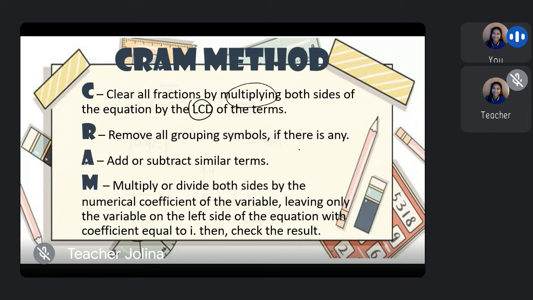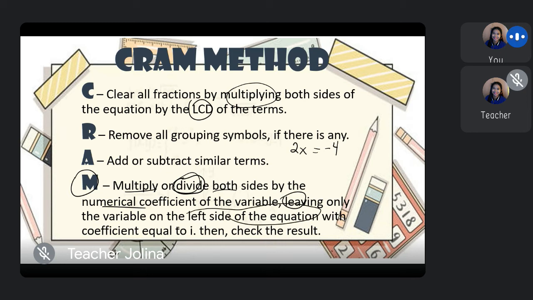So parang ganito lang po yung sa letter M, multiply or divide. Pero ang pinaka nagagamit po dyan is yung divide. Like for example, we have here 2x is equal to -4. So para ma-apply po natin ito, multiply or divide both sides by the numerical coefficient of the variable, leaving only the variable on the left side of the equation with coefficient 1.